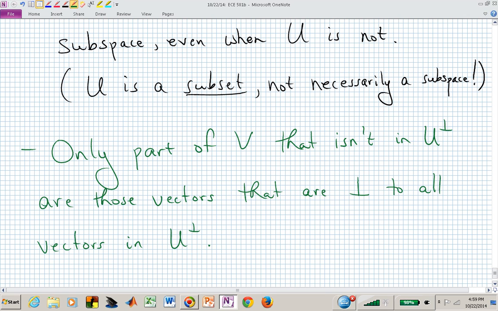That's kind of wordy, isn't it? So the only part of the vector space V that isn't in U perp are those vectors that are perpendicular to vectors in U perp. That's by definition of U perp.